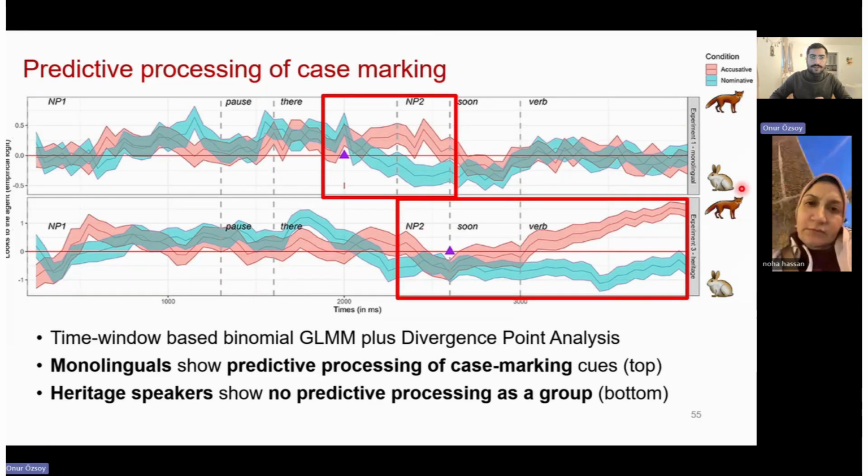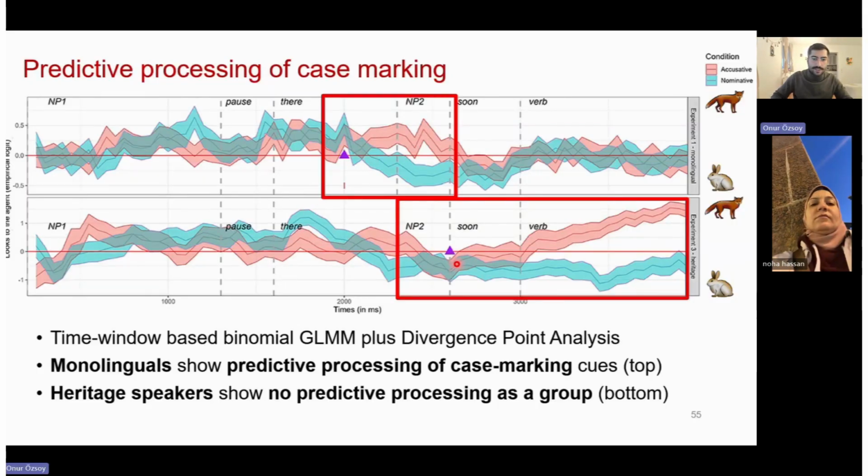fox or rabbit. And what we want to see, what we expect, is that these two lines start diverging before people hear the word. And this is what happens here. So the point of divergence, which is this purple triangle, appears before people hear the word. So they're looking at the fox or the rabbit, depending on the condition, already before hearing the word.